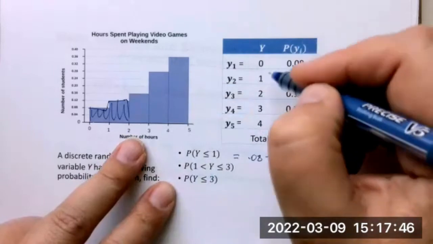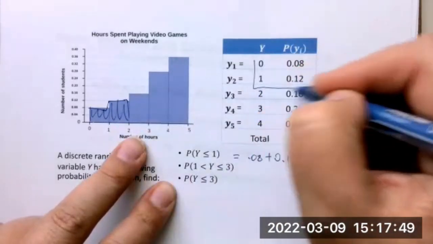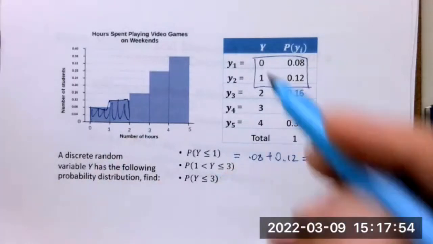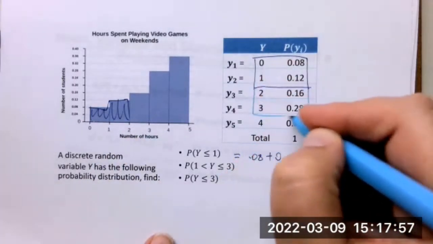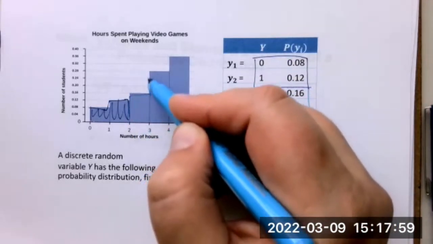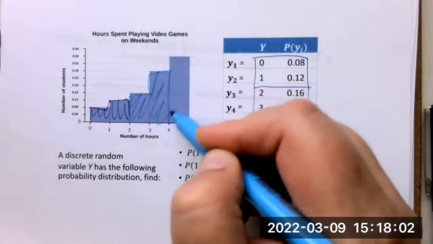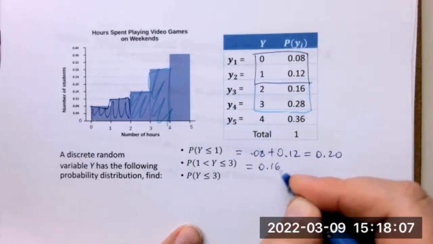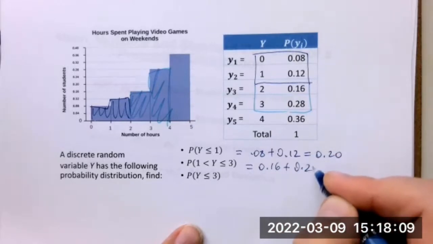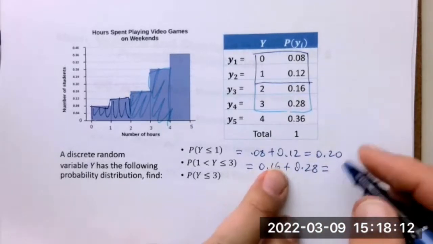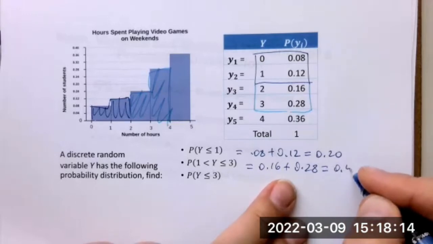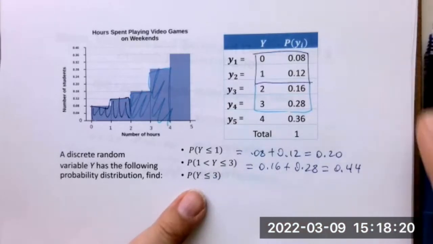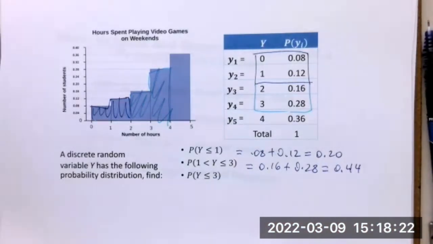The first one is right here, and the next one will include 2 and 3. So we're going to have 0.16 and 0.28, which is 0.44.